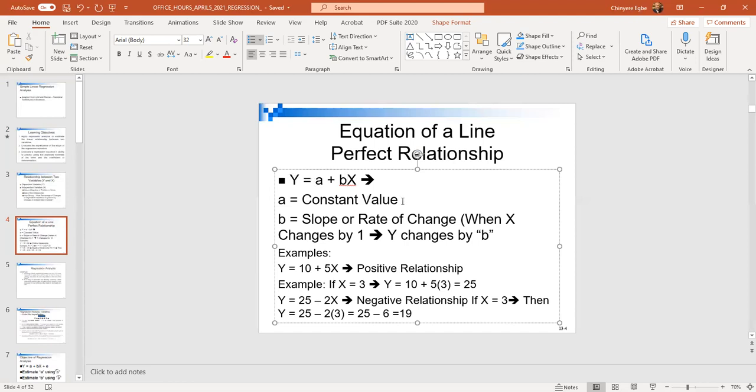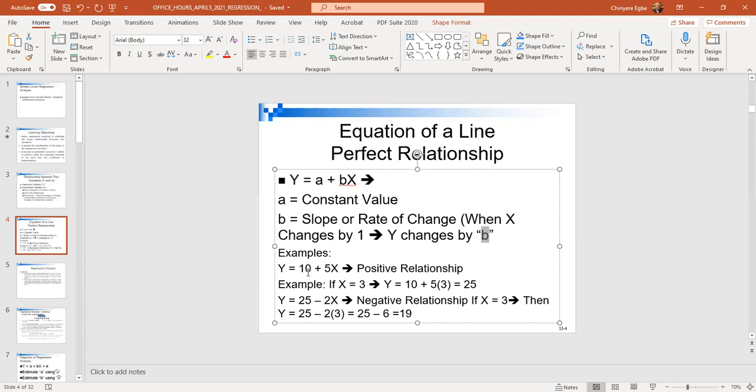A is the constant value, that minimum amount that you must pay for your utility. And then the slope, or the rate of change, is the additional amount of money that you pay for each additional kilowatt hour, or the additional unit of energy. So when X changes by 1, Y will change by B, but you have to estimate B.